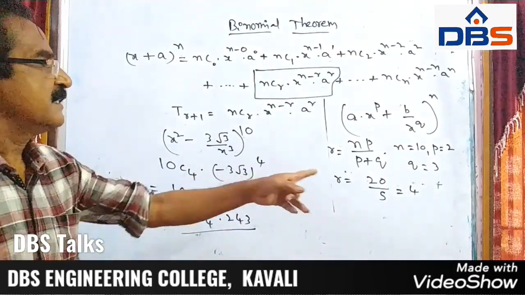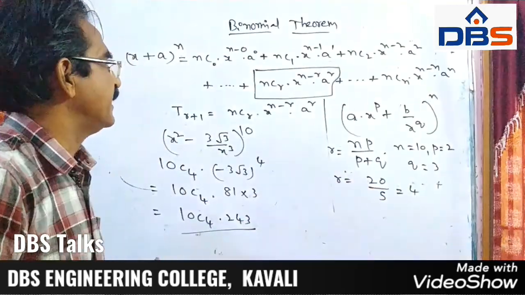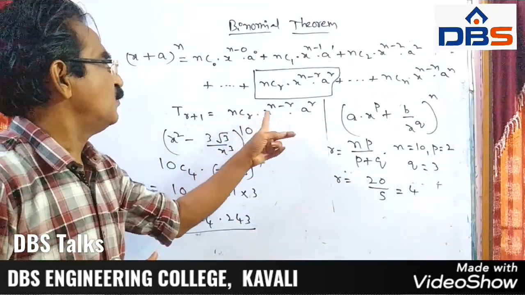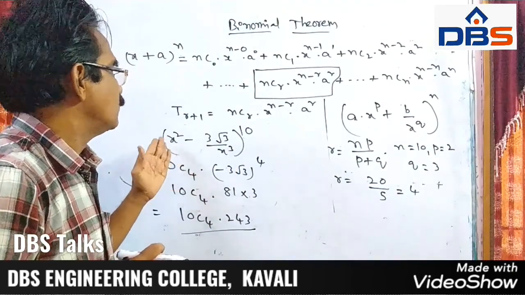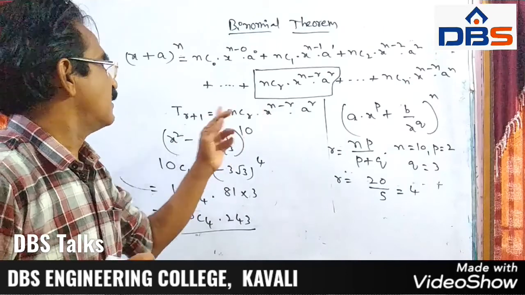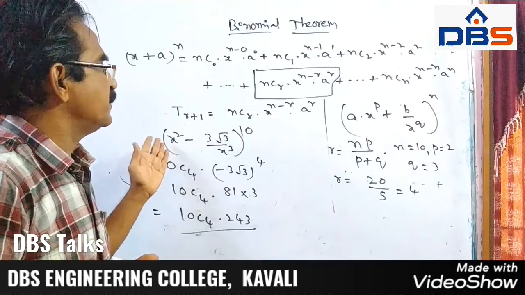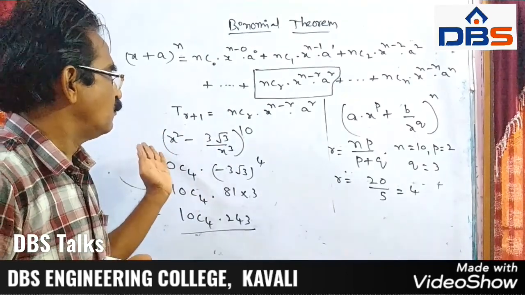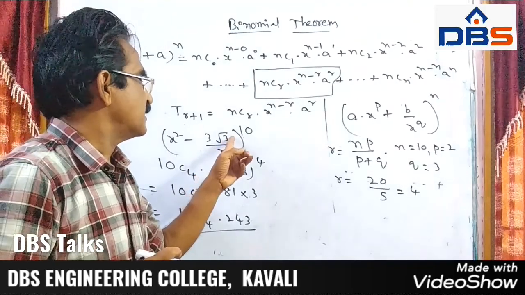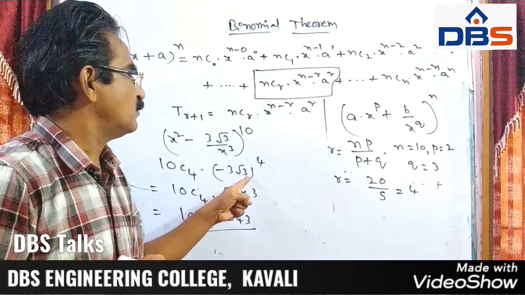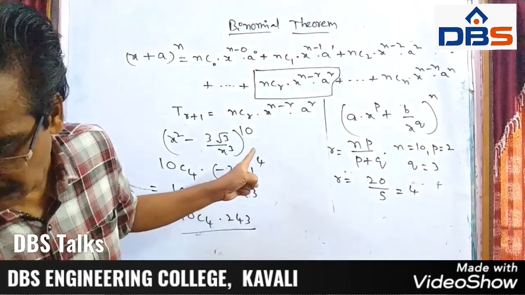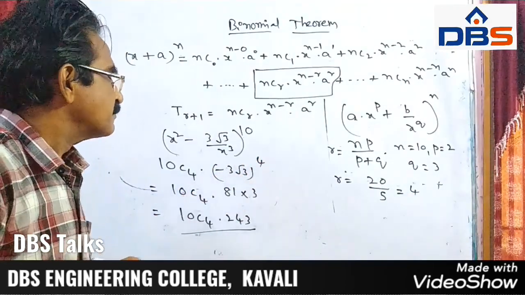Okay, friends, see, after finding n, and nCr into x power n minus r, here in place of x only x square is there, a is not there. So we need not consider this because we don't want this. We are considering only minus 3 root 3 whole power 4.